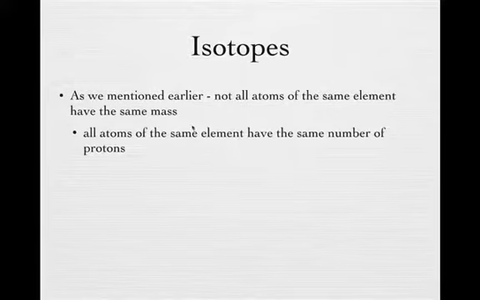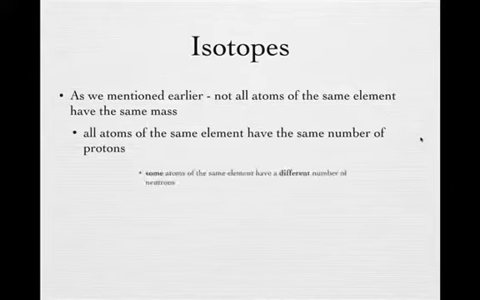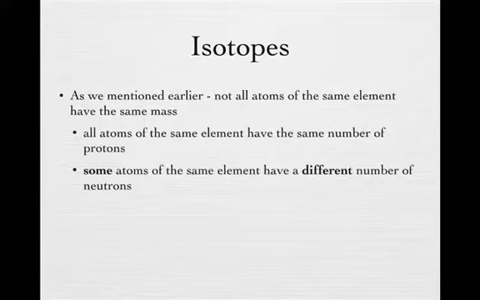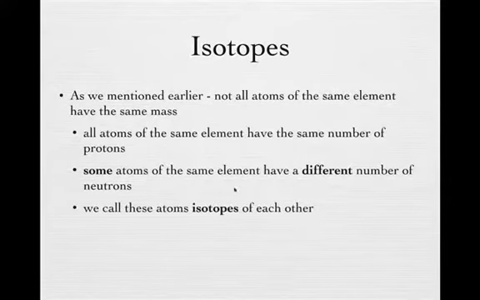We do know that all atoms of the same element have the same number of protons, because as soon as you change the number of protons, you change the element. However, it is possible for atoms of the same element to have a different number of neutrons in the nucleus. And if they have a different number of neutrons, they will in fact have a different mass. And so we call these isotopes of each other.